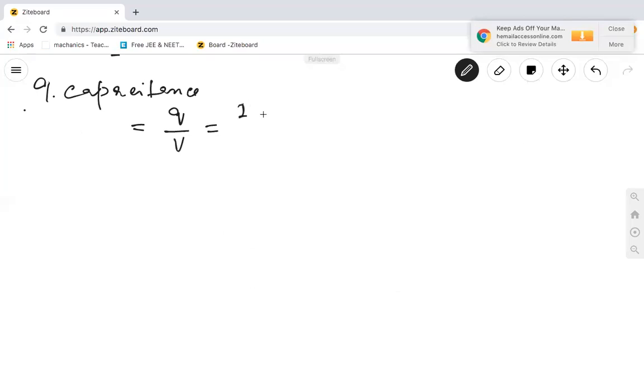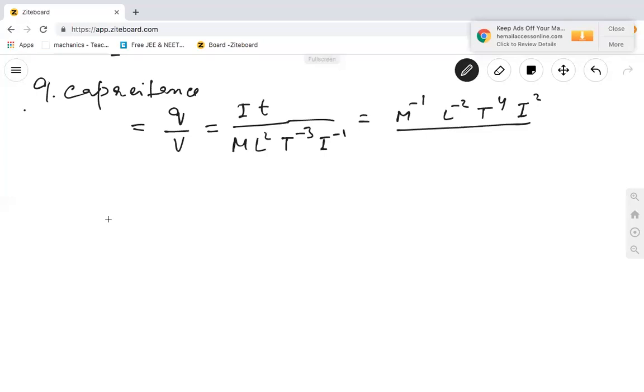Charge is current into time, and voltage we just found. M L2 T minus 3 I minus 1. So what will it become? M minus 1 L minus 2, going up. T minus 3 going up, and there is one T already, so it becomes T4. I minus 1 going up becomes I plus 2. It is finished, right? And some people can also write this as ampere squared.